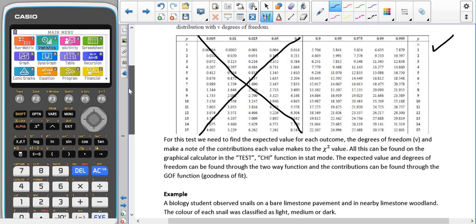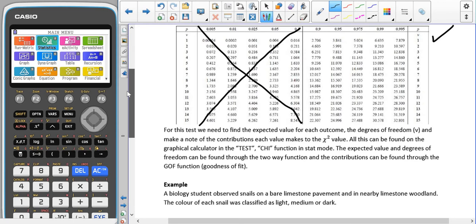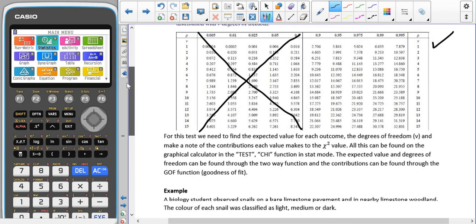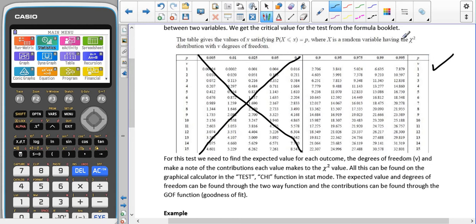So the first test, we need to find the expected values for our outcome and the degrees of freedom. So we can see here, we've got this little V bit here. That means degrees of freedom. And each value from our table is going to give us a contribution.